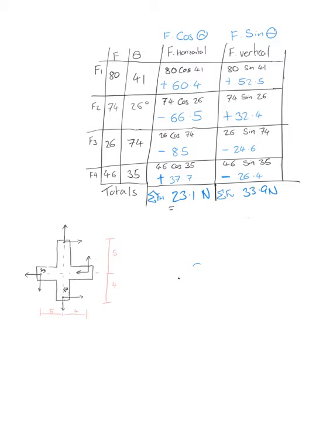So if it's positive, my horizontal is traveling to the right with 23.1 newtons of force. Vertically, it's positive again, so it's traveling up with 33.9.